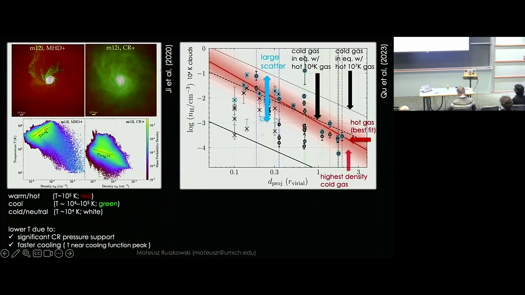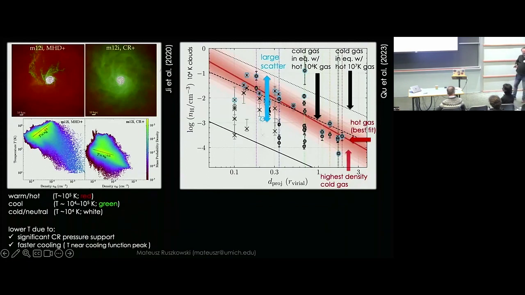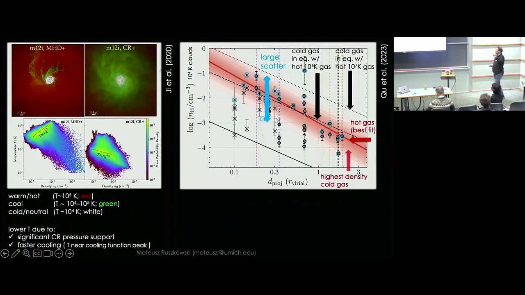Okay, and so there is a lot of scatter, but again, a lot of scatter can be just due to projection effects. However, for some of these points, even individual dots belonging to this outer envelope also show some scatter here, here, maybe here.